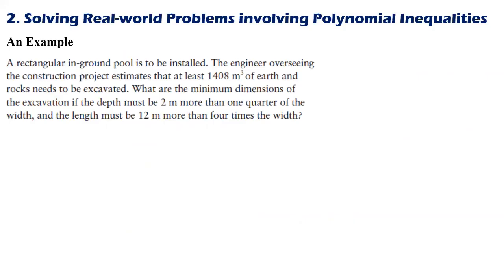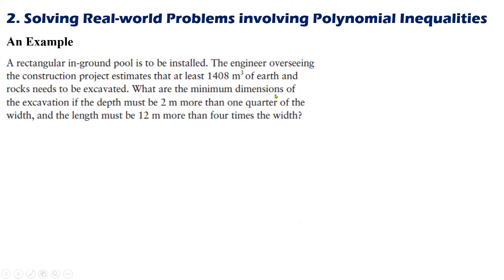All right, so next let's have a look at an example of solving real-world problems involving polynomial inequalities. A rectangular in-ground pool is to be installed. The engineer overseeing the construction project estimates that at least 1408 cubic meters of earth and rocks need to be excavated.